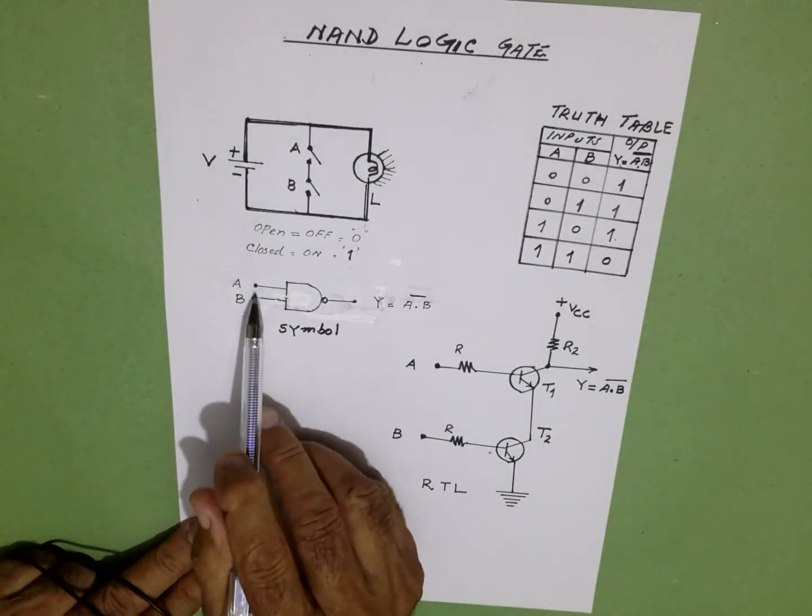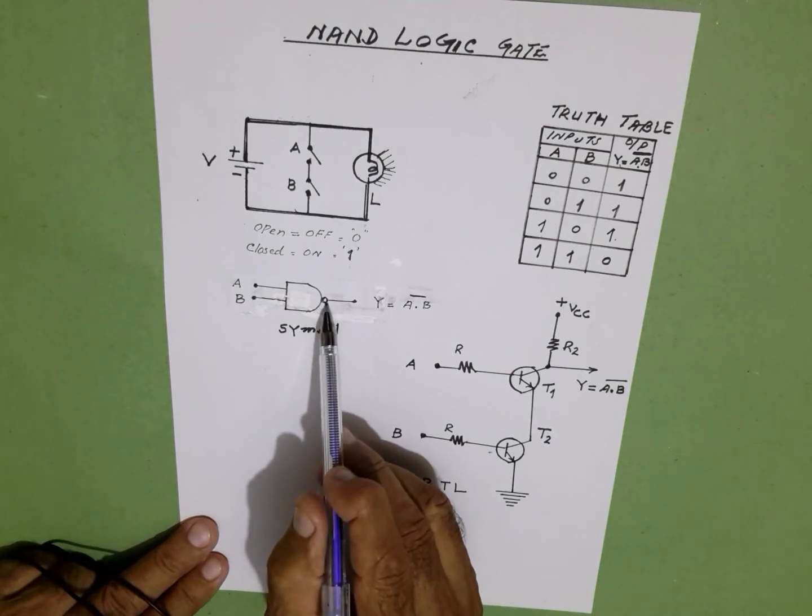A and B are the inputs, and this is called an invert bubble at the output.